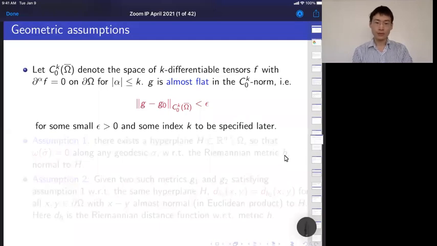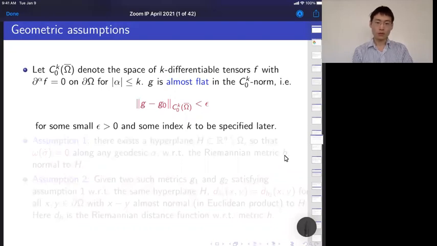So it's close to the standard Minkowski metric in the sense that, here the C^K_0 denotes the space of all K-differentiable tensors whose derivatives on the boundary are zero up to order K. So we require that the distance between the stationary metric g and the standard Minkowski metric is less than epsilon, for some sufficiently small constant epsilon, and here K is some integer to be specified later.